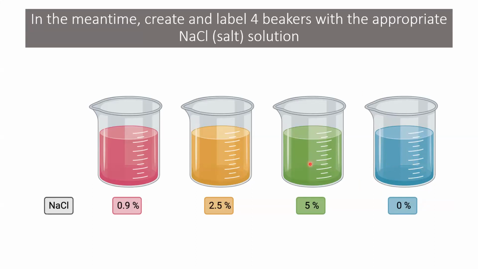So you might be making your hypothesis that since this is a hypotonic solution relative to the potato, water is going to go inside the potato, so this potato will gain weight.